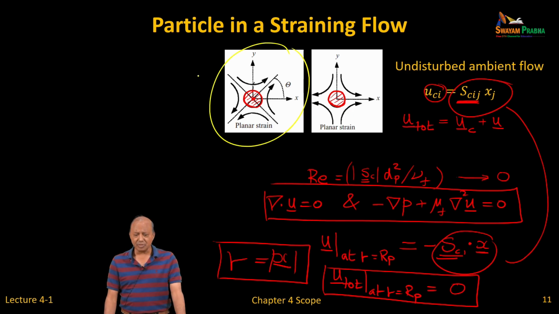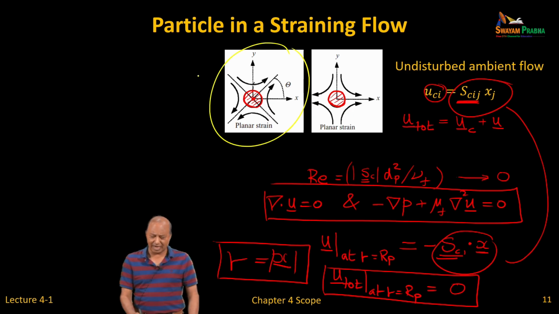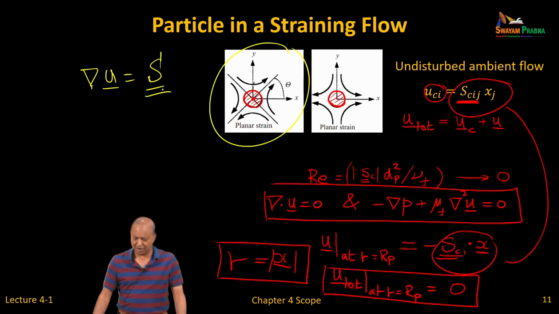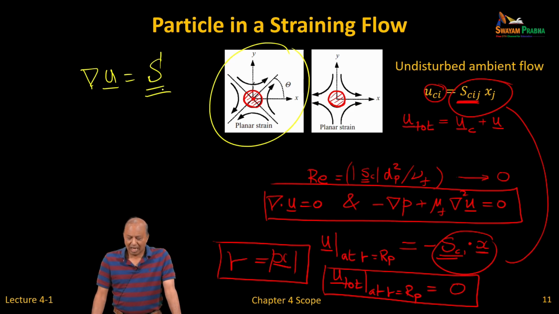Okay, this is a pure straining flow, and you know that this velocity gradient tensor in this case is symmetric. Okay, so you can call it the symmetric strain rate tensor, and it will result in a stress field, and the stress strain relation gives you viscosity, right?